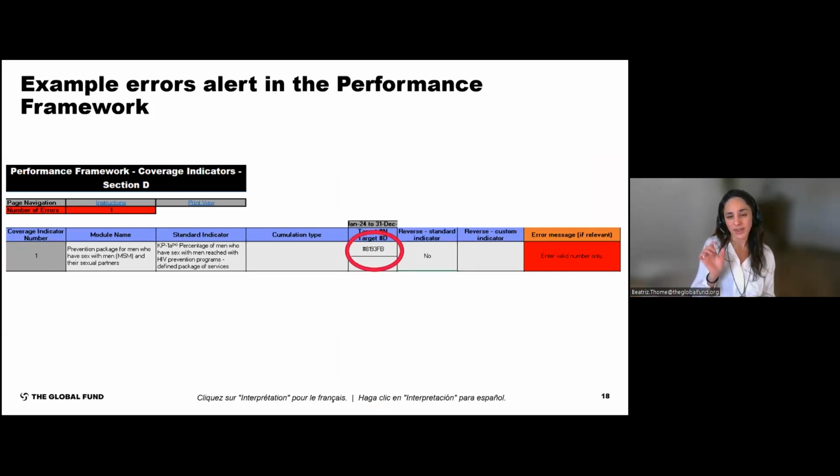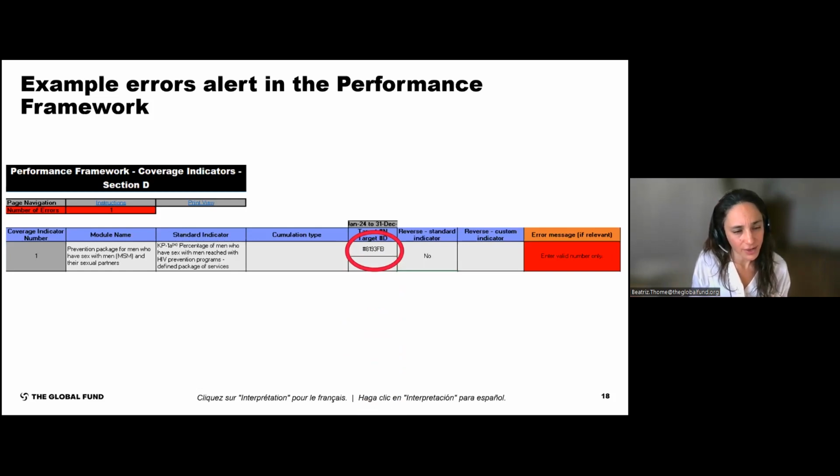Here we try to add text in what should be a number cell, and this triggers an error message in the same line, and you have to go back and see where in the line there's been an error. This also triggers, if you look at the top to the right, a flag of the number of errors in the sheet.